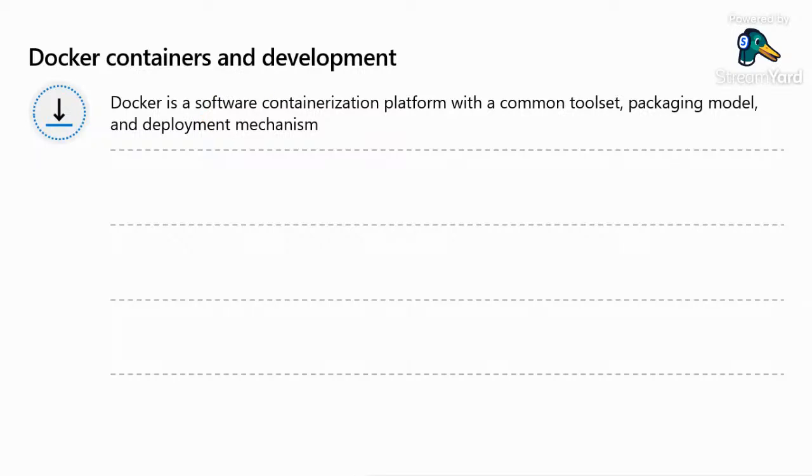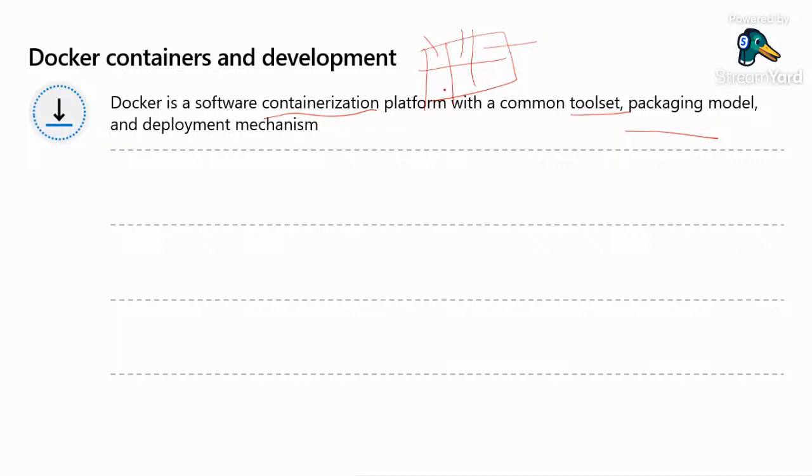As I told you, it is a kind of containerization platform, and it is a common tool set and packaging model for the deployment mechanism. What we understand from here is, if you have your own organization, you have multiple teams. Let's say this is a security team, this is the infra team, and then you have your development team.